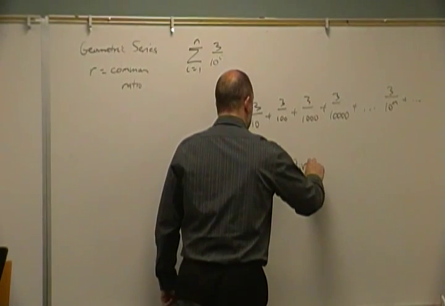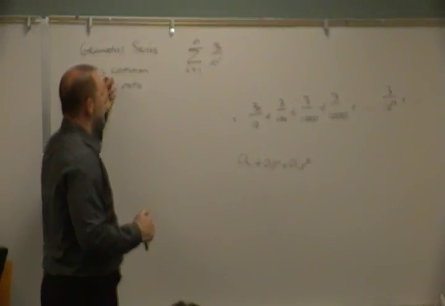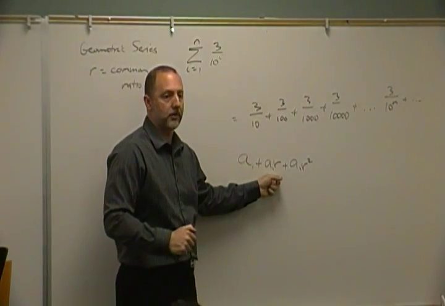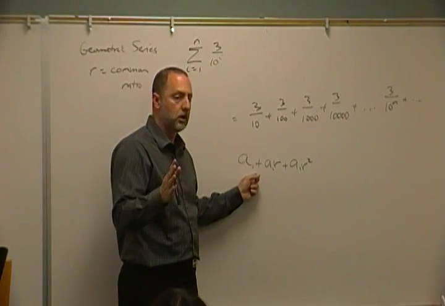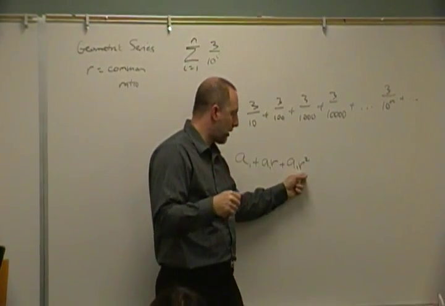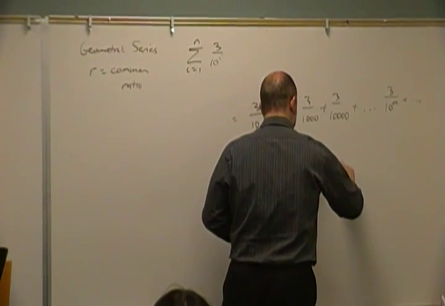It's A sub 1 R squared. Why? Because the way a geometric series works, I take the common ratio and I multiply R by every term. So here's my first term, I don't have an R. Then I multiply by R, I keep multiplying by R, so my series is going to look like this.